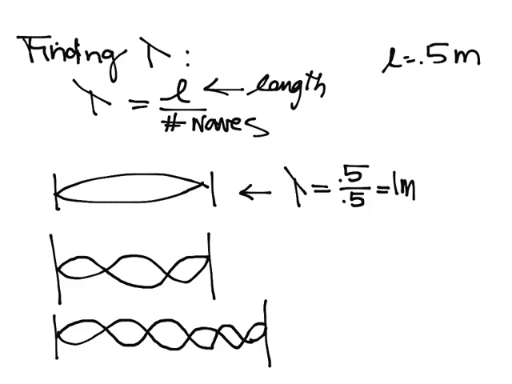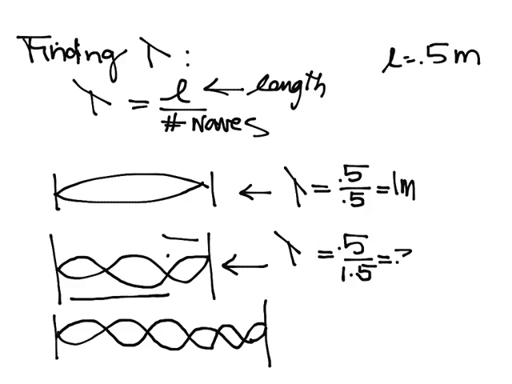In our second situation, we have, again, 0.5 as our length, and then we have 1.5 waves, so we have 0.5 divided by 1.5, and we get a wavelength of 0.33 meters.